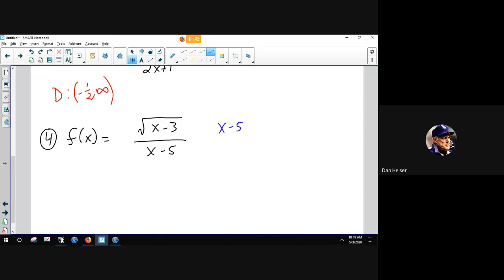Denominator cannot equal 0. So I know x cannot equal 5. I also know that the square root has to be positive. So when x is 3, the square root is 0.